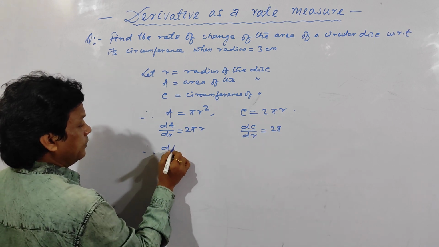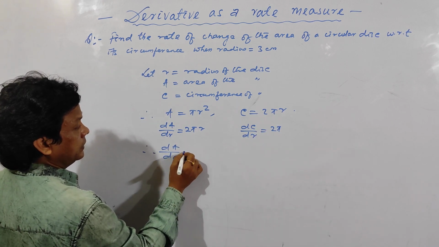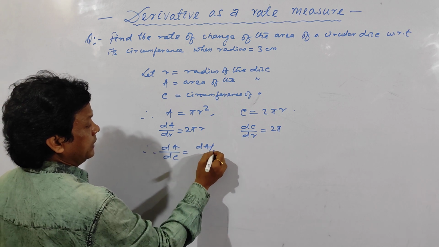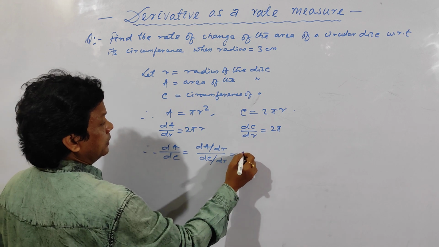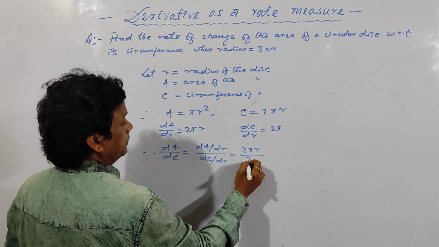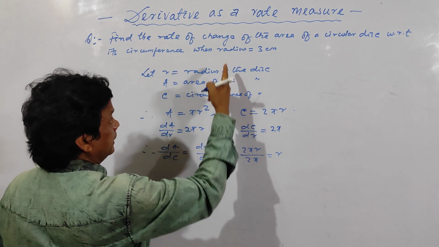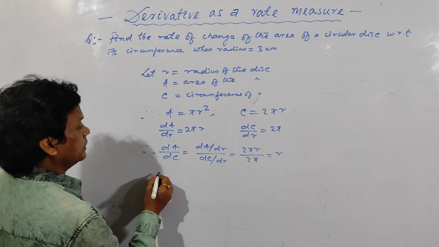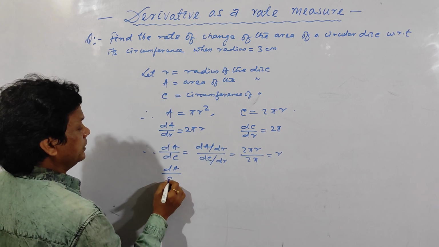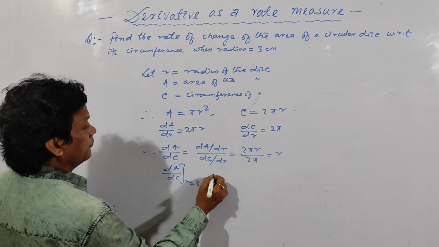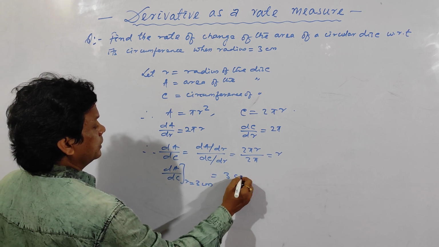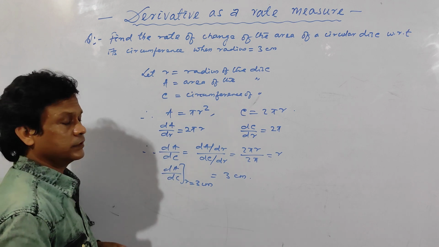So therefore dA by dC is equal to dA by dr divided by dC by dr, which is 2 pi r divided by 2 pi, which is equal to R. And it is given that when radius is equal to 3 cm, dA by dC is equal to 3 cm. So this is the answer. Clear?